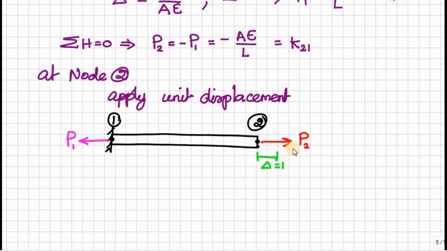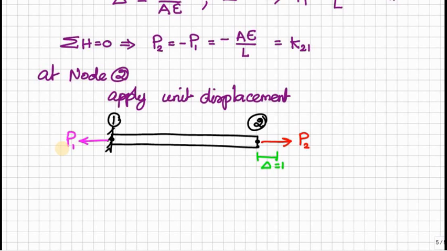So it will be elongated by a unit amount, that is delta is equal to 1. For that we need to apply some force in the direction of that displacement. So because of this P2, some reaction will be developed in the fixed end, that is node 1. So P2 is acting towards the right side, therefore P1 must be acting in the left direction. Clear?